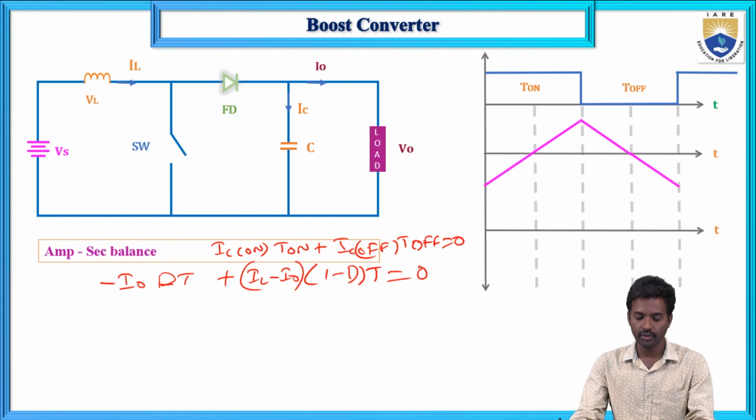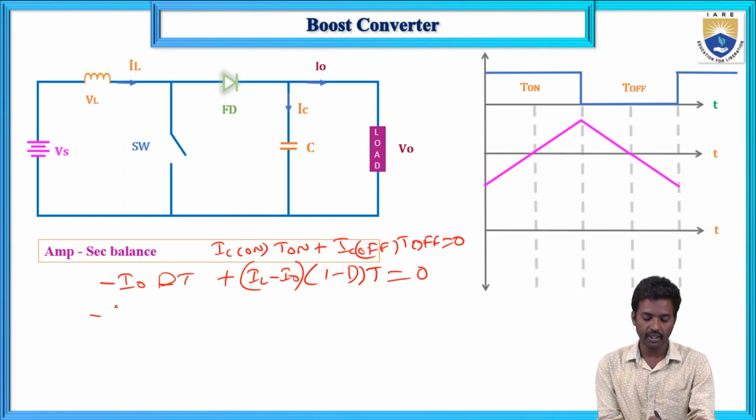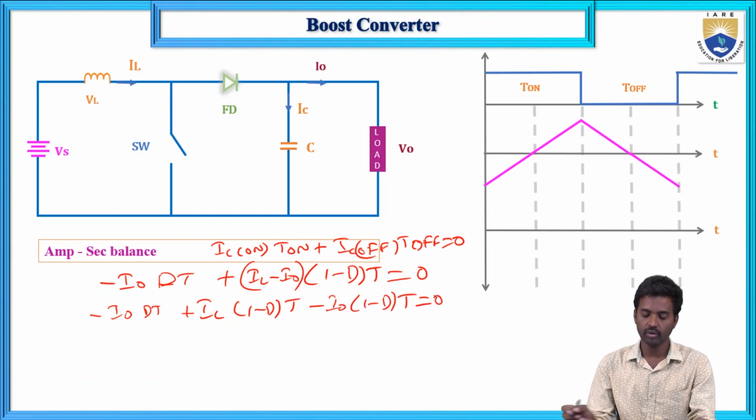So here you need to calculate the inductor current. Minus I naught into DT plus IL into (1 minus D) into T minus I naught into (1 minus D) into T equals 0. Now minus I naught DT plus IL, we need to calculate this IL.